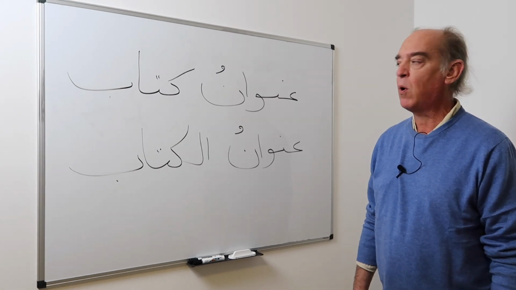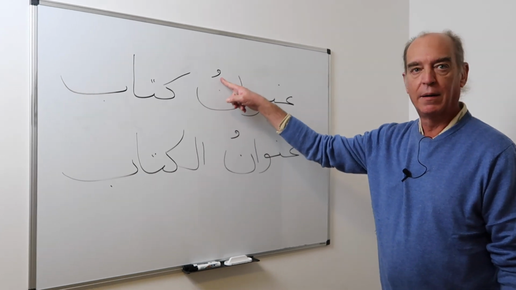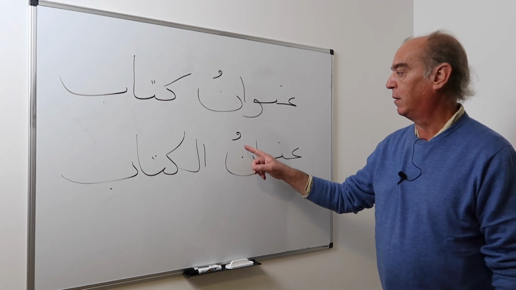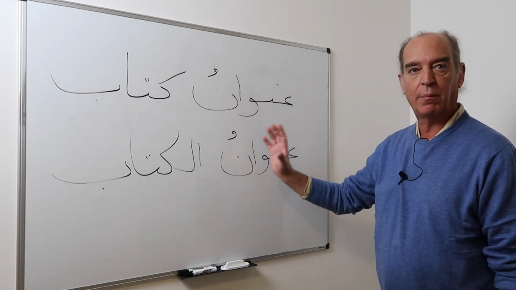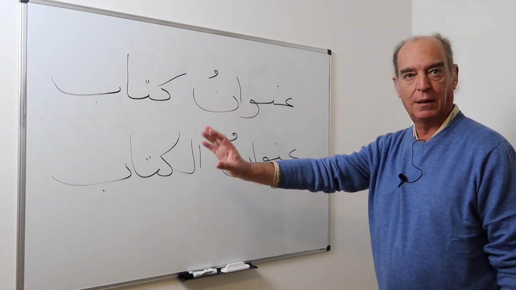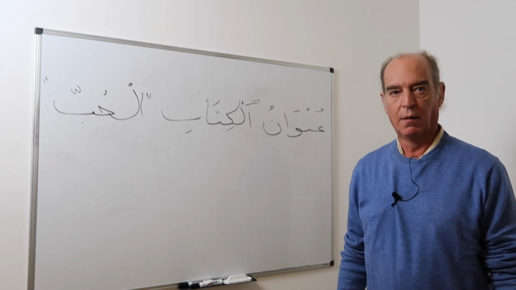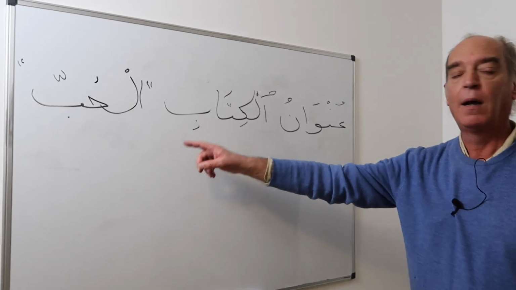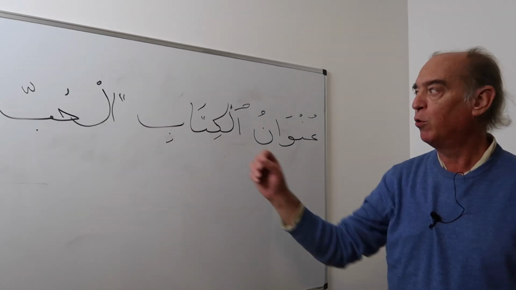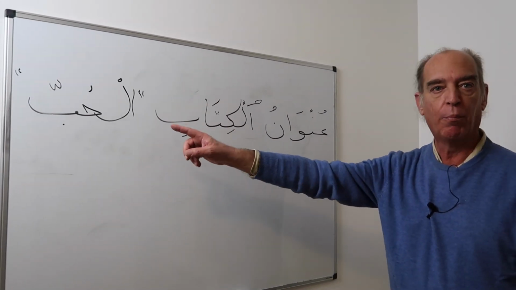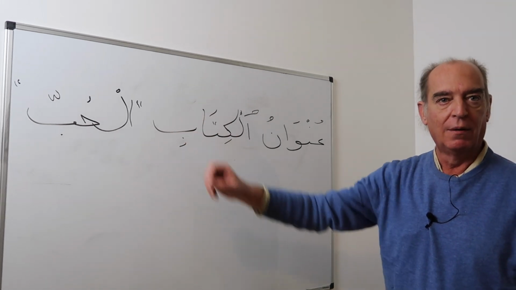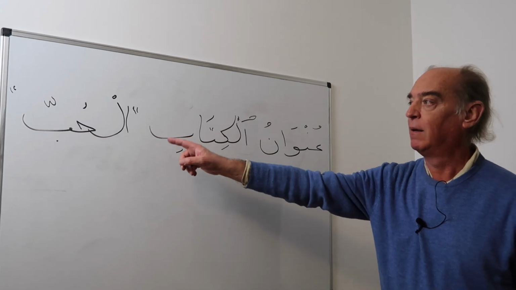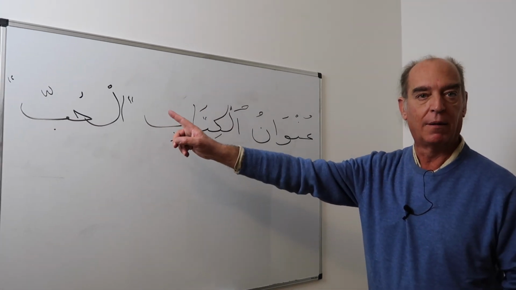Another question is, why do I write Dhamma here? Just because the two idafas here are the subject of a sentence. For example, if we say عنوان الكتاب الحب, this means that the title of the book is الحب, love.